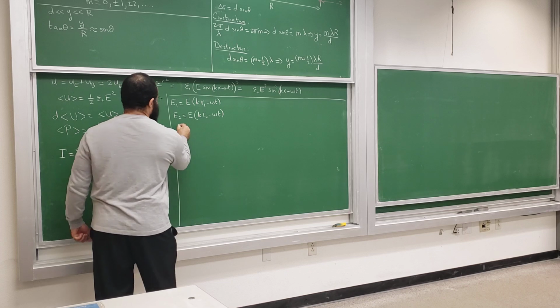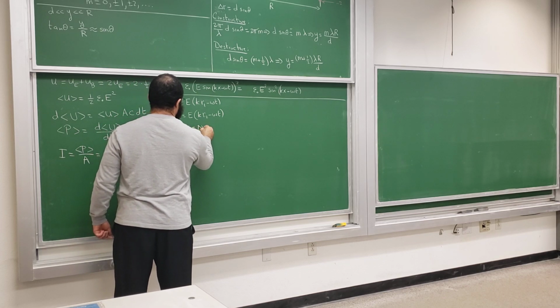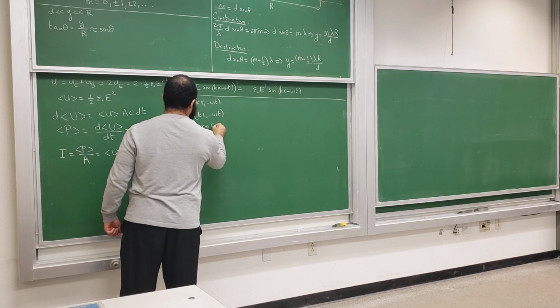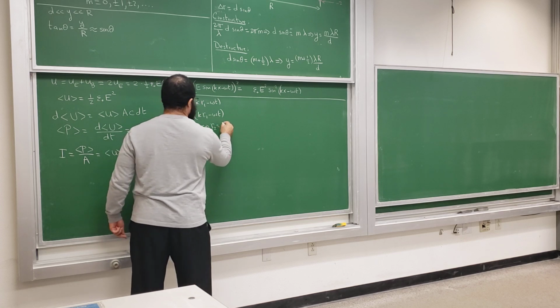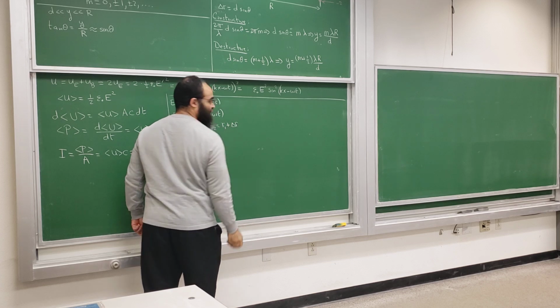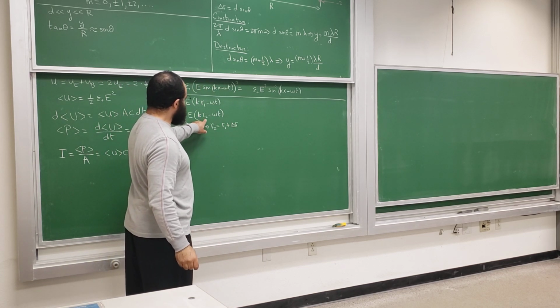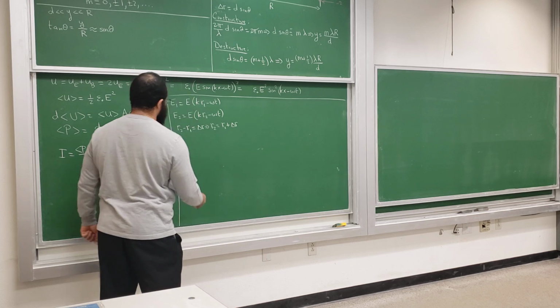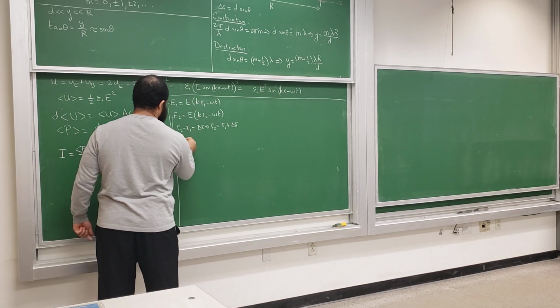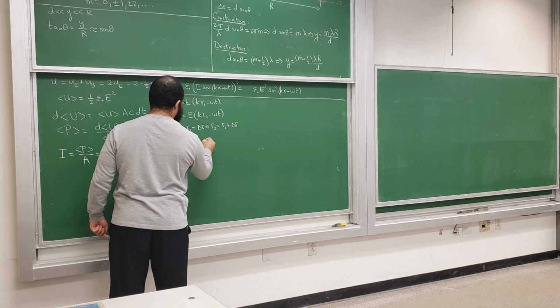Now, I know that R2 minus R1 is equal to delta R, and that means R2 is equal to R1 plus delta R. Okay? R1 plus delta R. And wherever I see R2, I'm going to replace it by R1 plus delta R. That means E2 will equal to K.